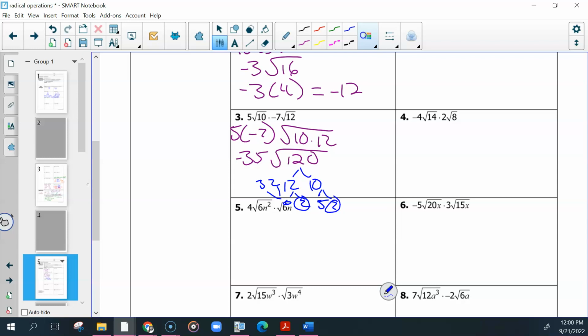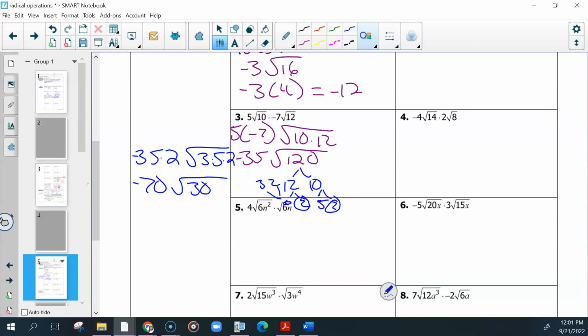So on the outside, we have negative 35 times 2. On the inside, we have 3 times 5 times 2. So negative 70, and on the inside, 30.